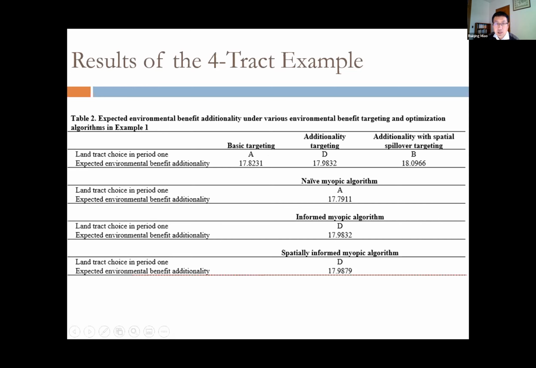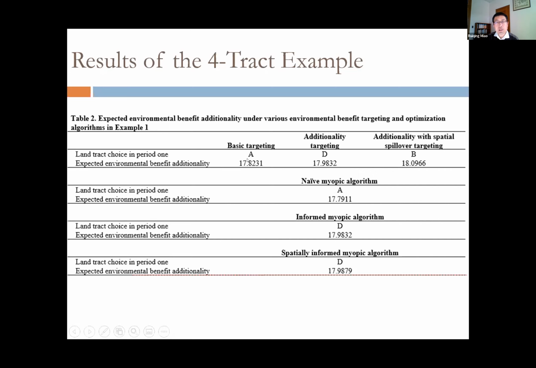If the additionality targeting is used, then the first tract to be eased should be tract D. If the additionality with spatial spillover targeting is used, then in the first period the optimal land tract to be eased is parcel B.